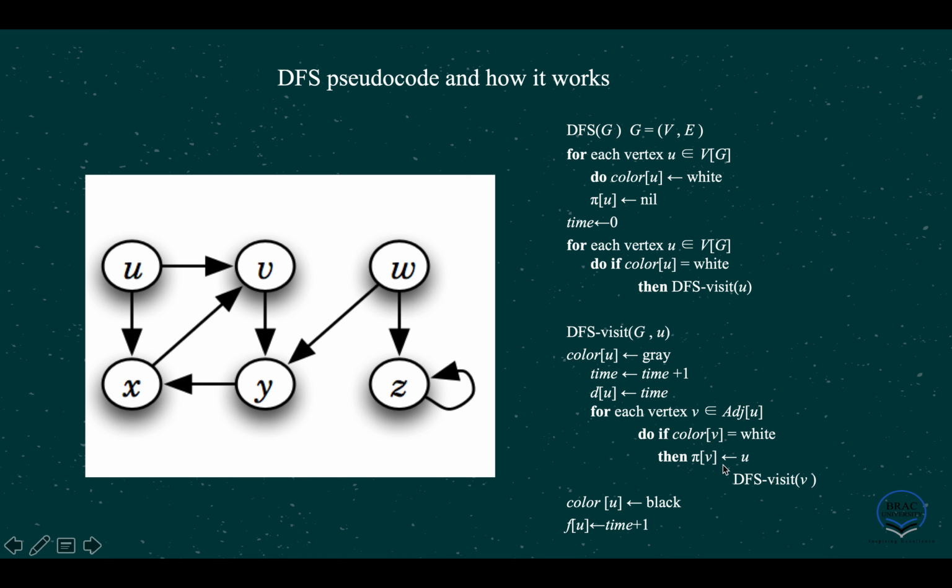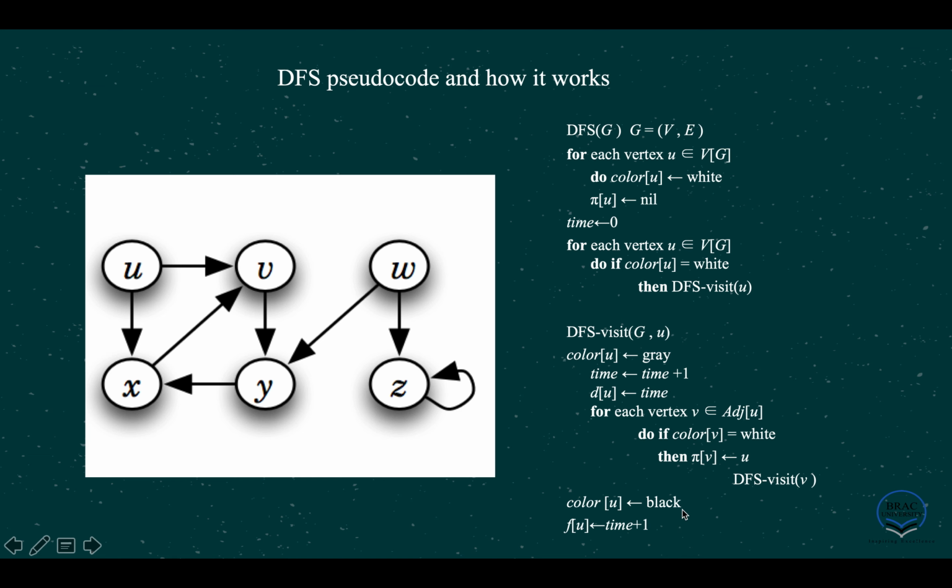So we go to an adjacent vertex, and from that adjacent vertex we call this recursively again, so that we go into that vertex in a deeper manner. And then, as we have finished working with u, we color it black, and as the color is black for u, that means we have finished working with it. So the time of finishing, depicted by f[u], is assigned time plus 1.